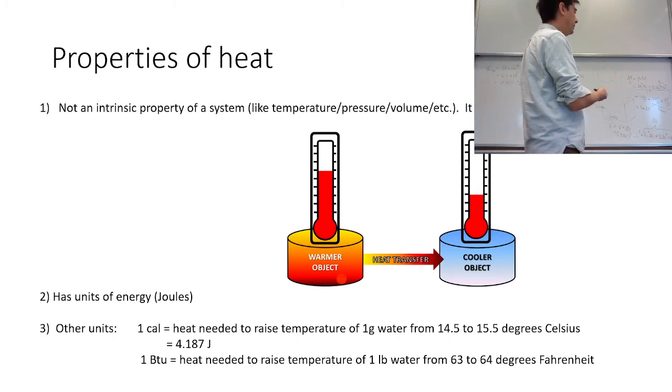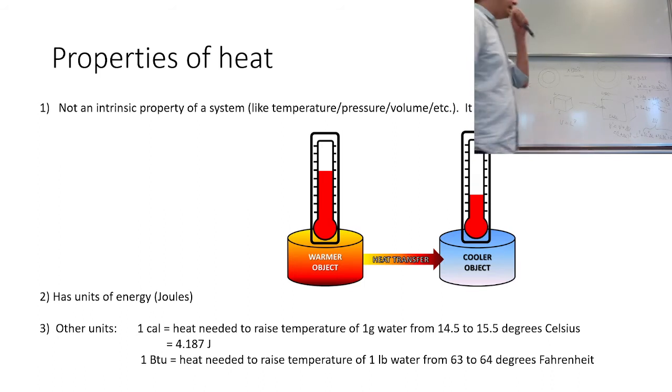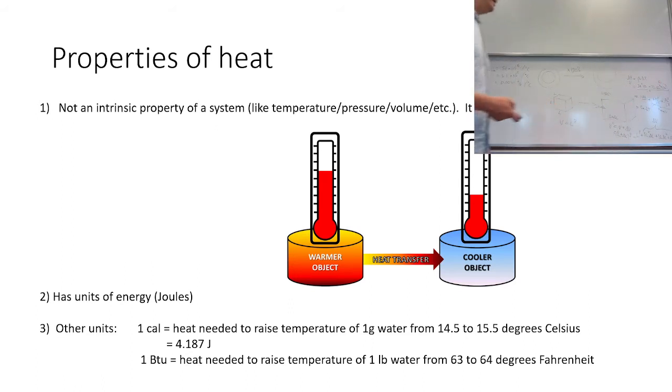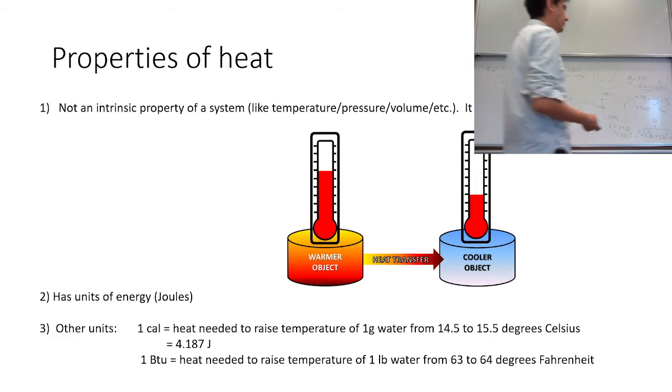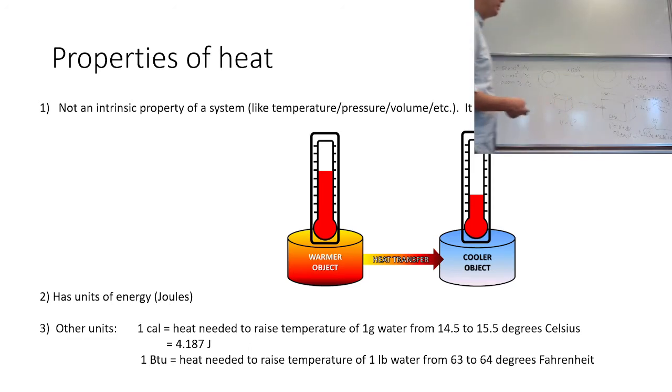Because it's an energy, it has units of joules. Historically this was measured in things like calories and other quantities, but generally we're going to use joules, and there's just a straightforward conversion between these two.